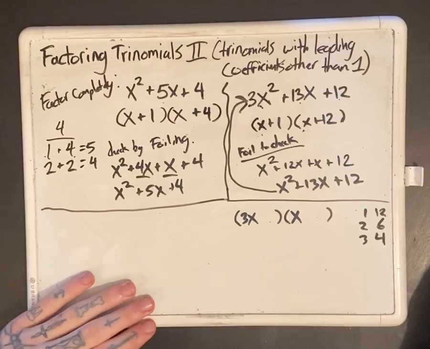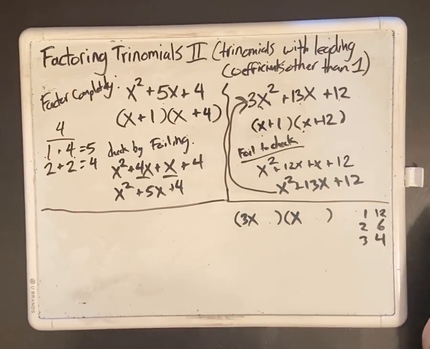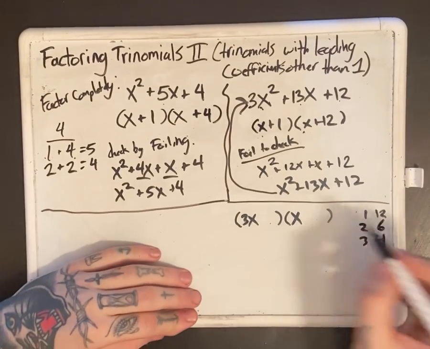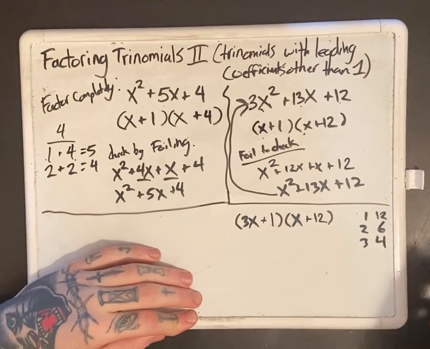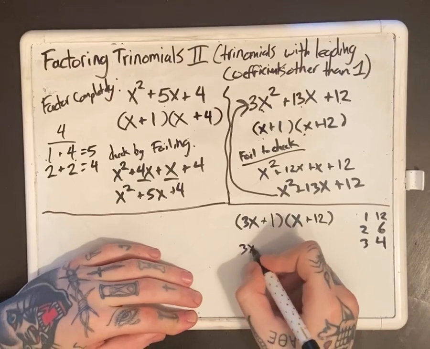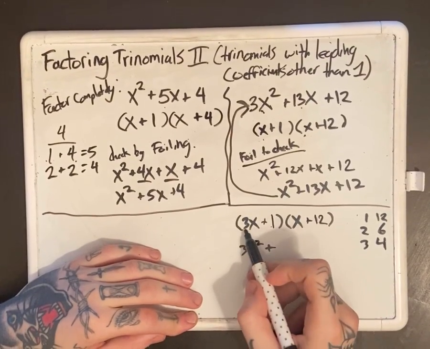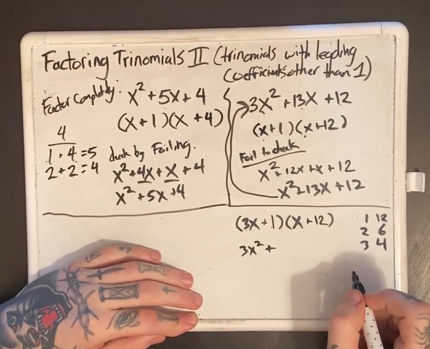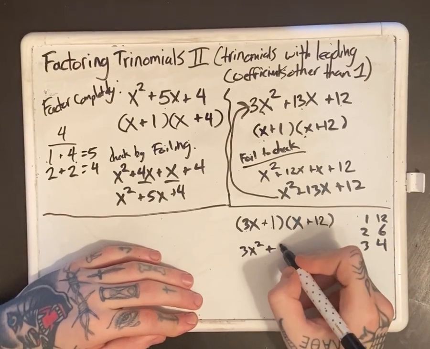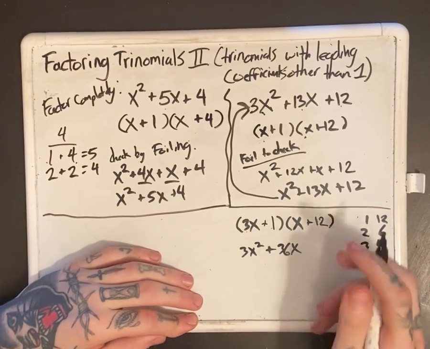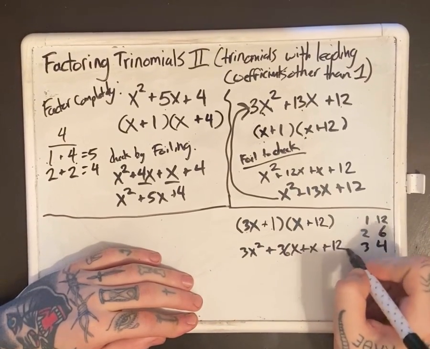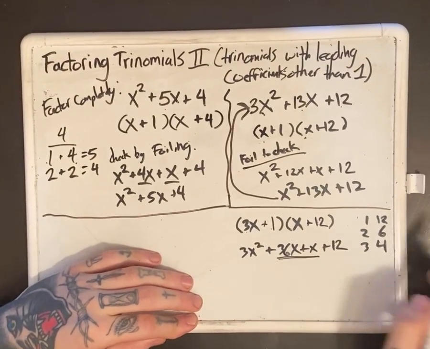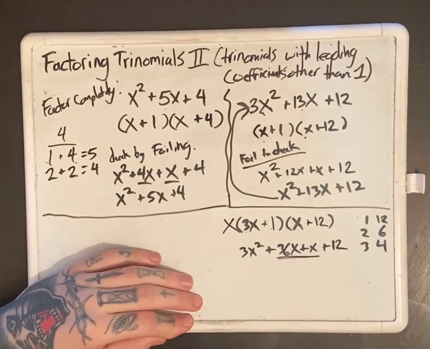Now we just have to keep testing them out to see which way to do it. And we do that by FOILing. So we get 3x squared plus 3x times 12 is 36x. So we can already see that this one's not going to work, because we're going to get a much too big middle term. So we know it's not this combination.